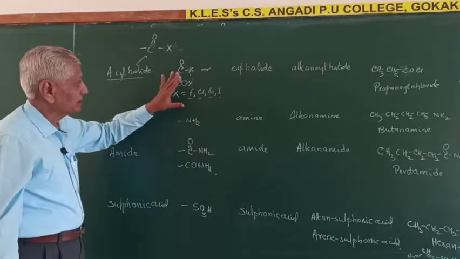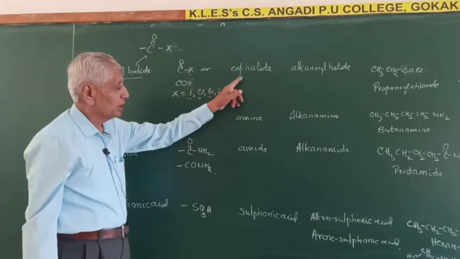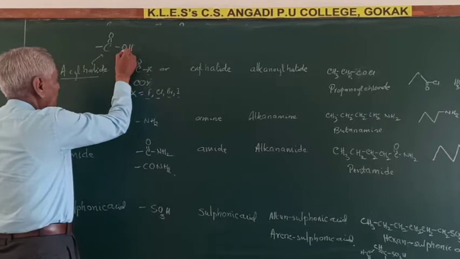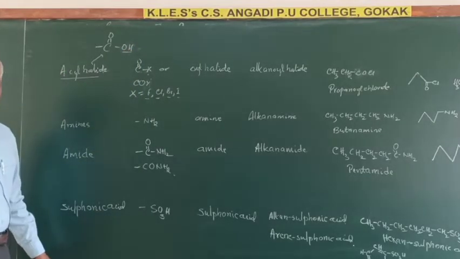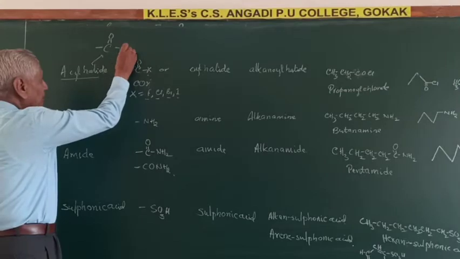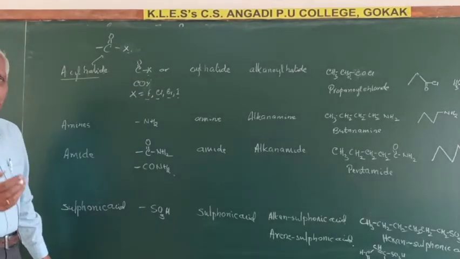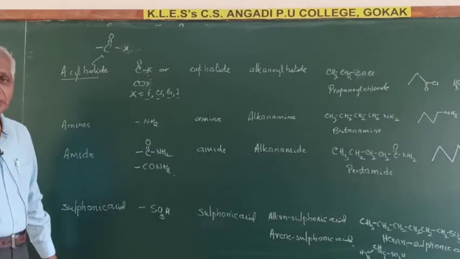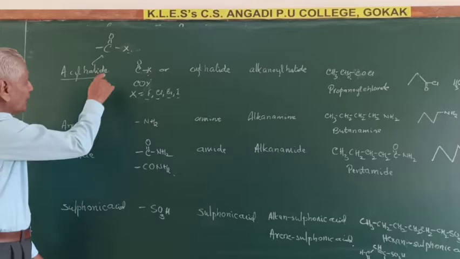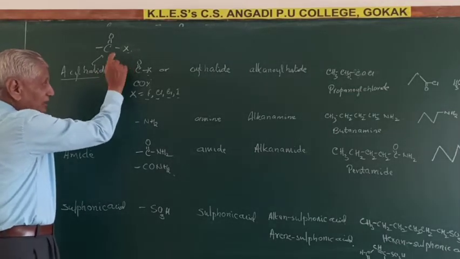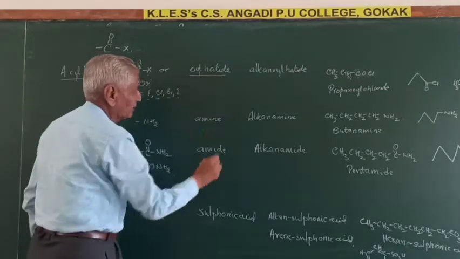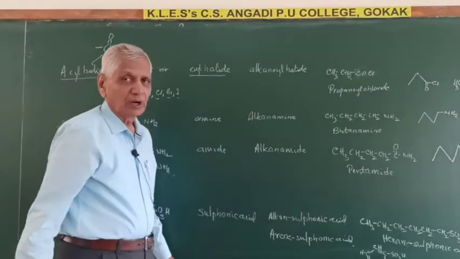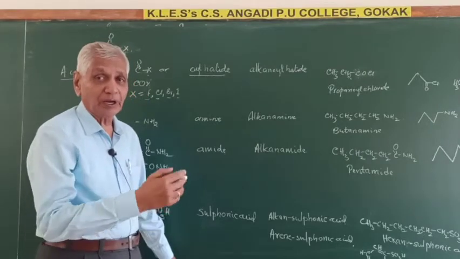Here the suffix for this group is oyl chloride, because in place of OH you are putting X. So you can say it is an oyl halide. The general name for this compound is alkanoyl halide, from alkanoic acid.